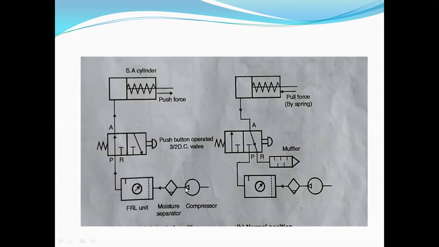Okay, so the first one is the compressor, in which atmospheric air is sucked, compressed, and stored in the reservoir tank. In some cases the reservoir is connected with the compressor. In other cases the compressor is far away from the reservoir, that is, the storage tank is located near your machine, from where we can supply the same compressed air to a number of systems.